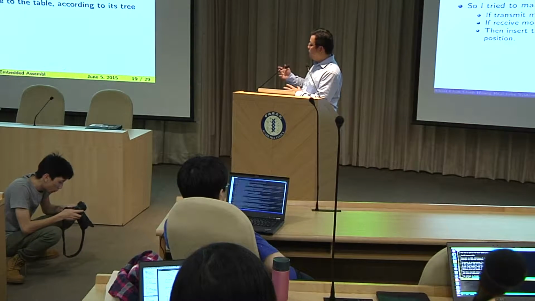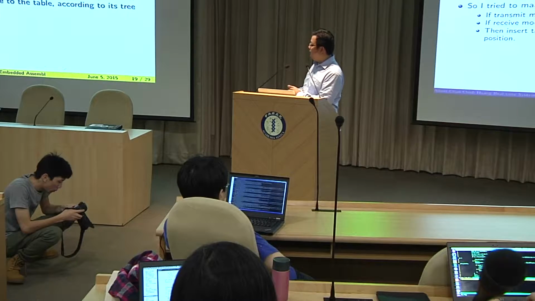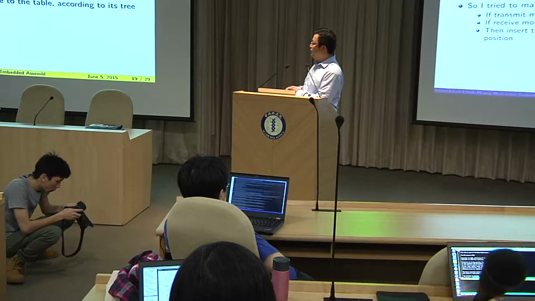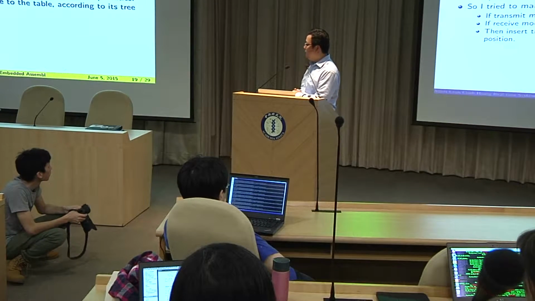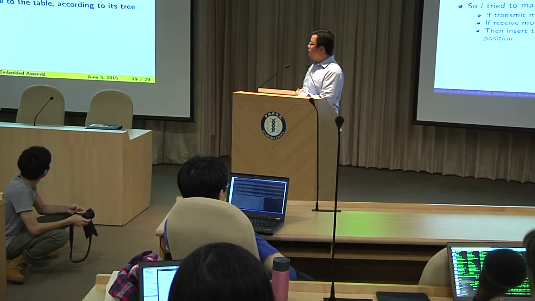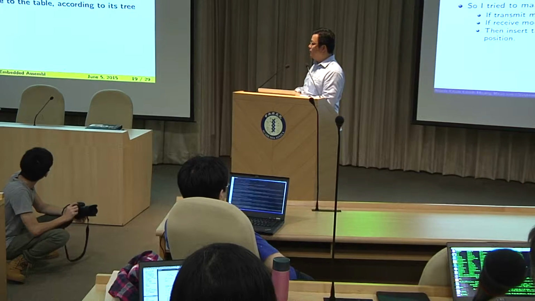In receive mode, just compare and save these octets with our capabilities. Then insert this handler routine into the table according to its tree position. And it's very consistent across these leaf handlers. This is what I mean: every program is created twice, first in Python, then in assembly.